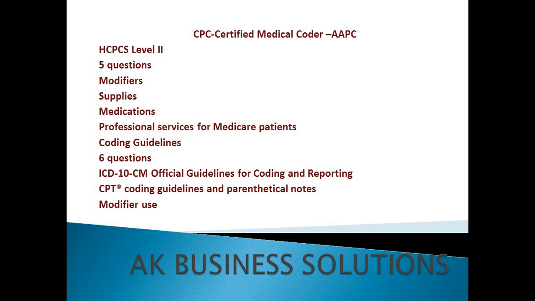For example, adrenaline injection 0.5 milligram is given. There is a specific code, J0171, for adrenaline injection. So no need to worry while coding these HCPCS codes, because it's a clear-cut direct code. You just need to understand what is the product used and what is it for that particular patient. That's all. So 5 questions are for HCPCS coding.